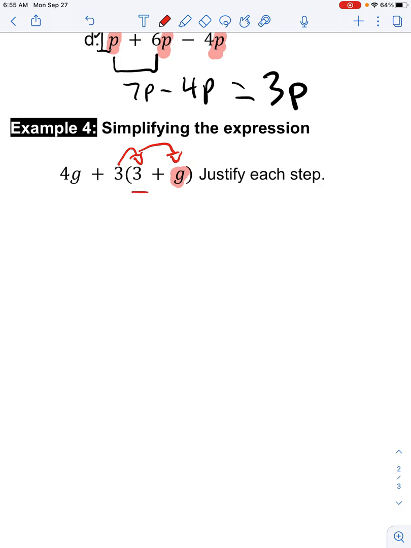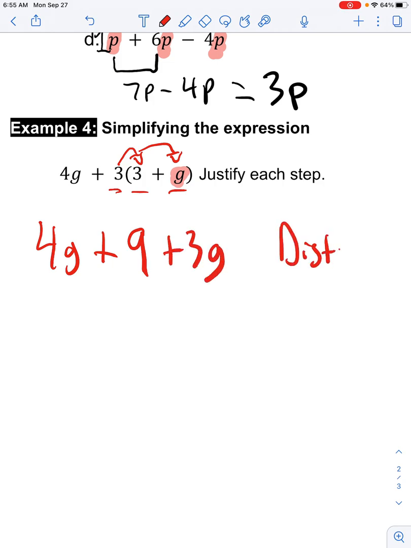And that means to multiply each term, two terms inside my parentheses by this number outside. So 4g stays the same, plus 3 times 3 is 9, 3 times g is 3g. And that's the distributive property.